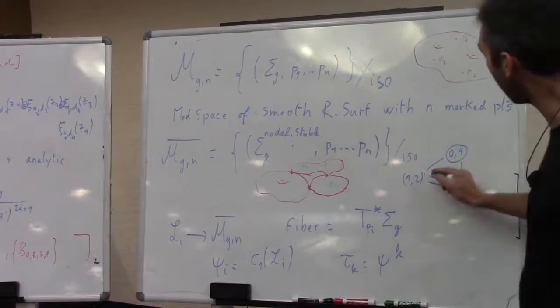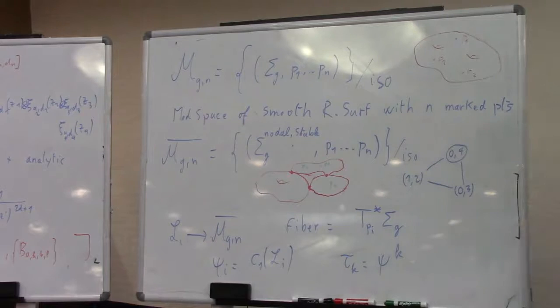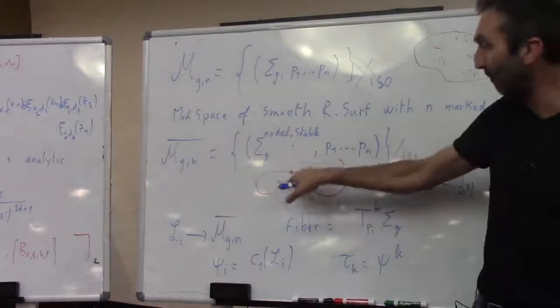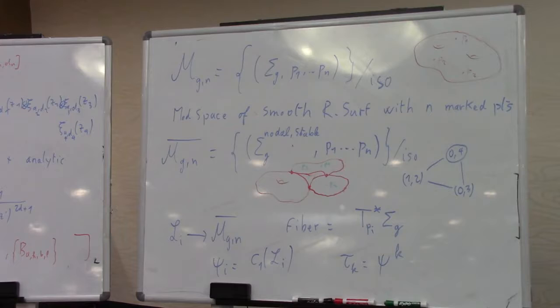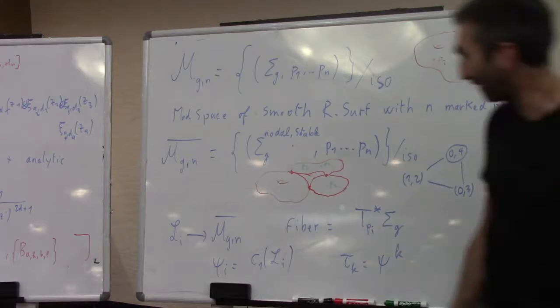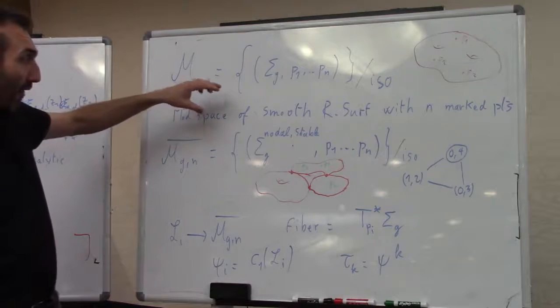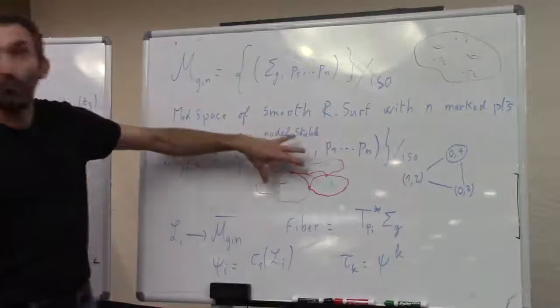And each edge now is a nodal point. So edges of the dual graph correspond to nodal points, and vertices of the dual graph correspond to the pieces. And also the marked points are always smooth marked points.